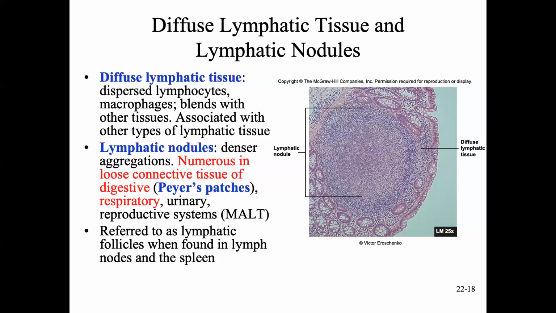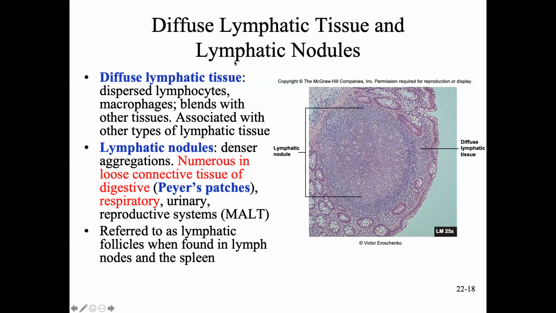Most of the white blood cells, therefore, are found in the lymphatic system. They're found in your lymphatic nodules. They're found in your thymus. They're found in your spleen. They're found in your lymph nodes. That's where we see most of the lymphocytes, right?